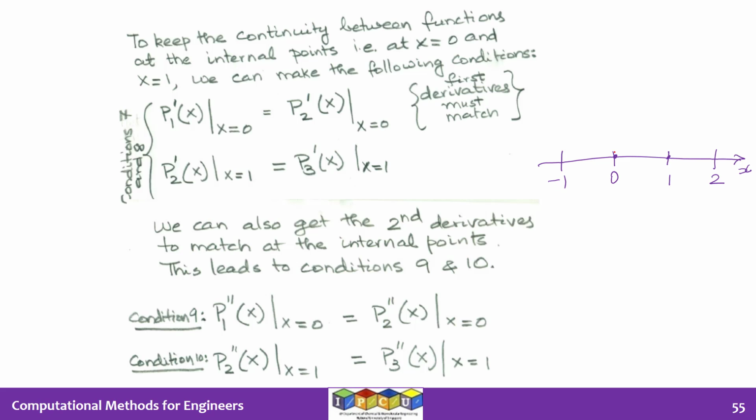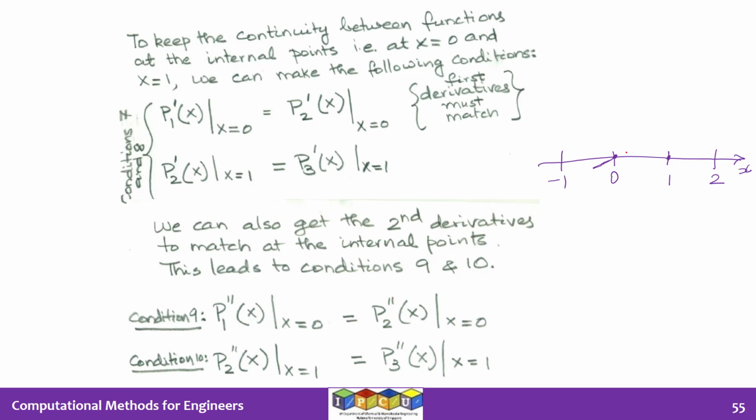So what we are going to say here is that at the internal points, we want the slope of the polynomial on the left side to match the slope of the polynomial on the right side. So for example, take the cubic polynomial P1, which is valid between minus 1 and 0. Let's say its behavior at the internal point, which is 0, is like this.